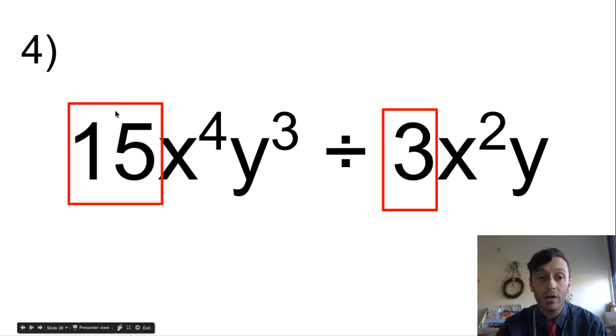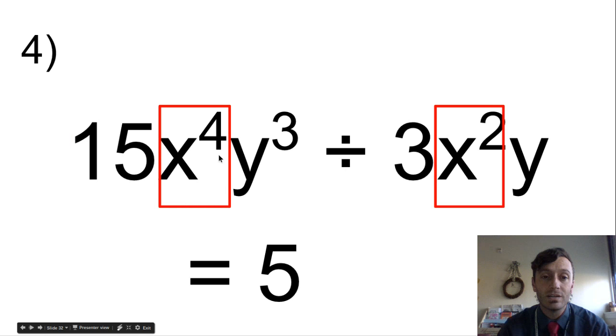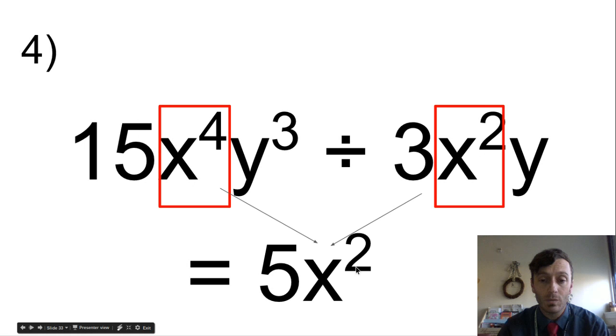All right, so starting off with our coefficients, I got 15 divided by 3 gives me a leading coefficient of my answer of 5. First variable, I got x to the fourth divided by x squared. Your exponent rule of division is that you subtract exponents. So 4 minus 2 gives me x squared. 4 minus 2 is 2.